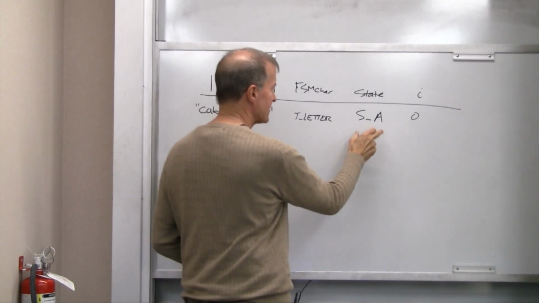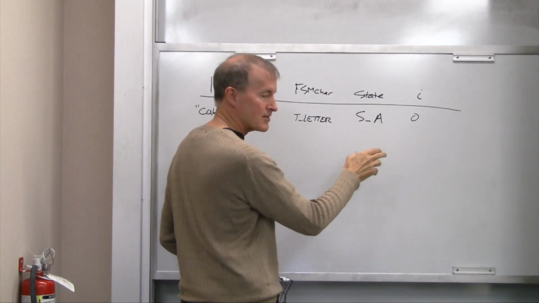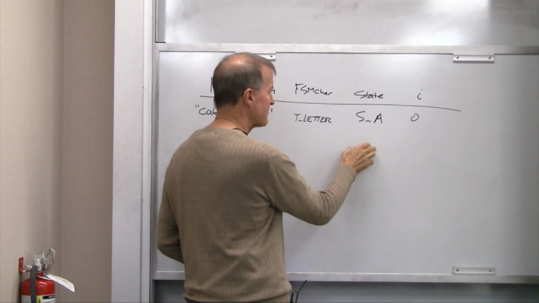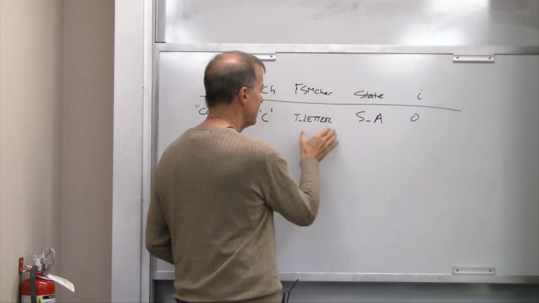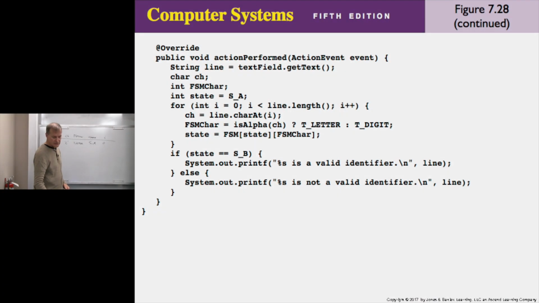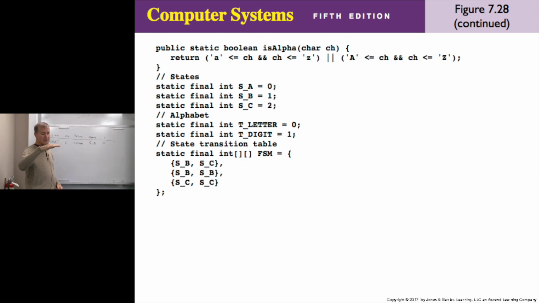So it's going to the array, to the table, and it's getting FSM sub A letter. So let's go back up to our finite state machine. What are the rows? The rows are 0, 1, and 2, and the columns are 0 and 1.